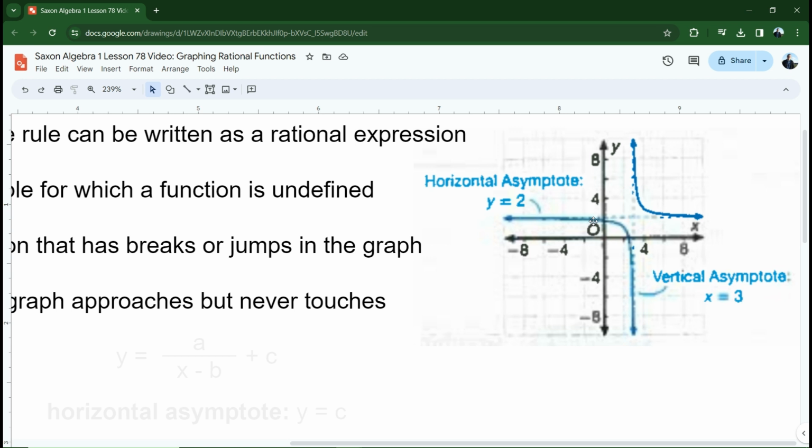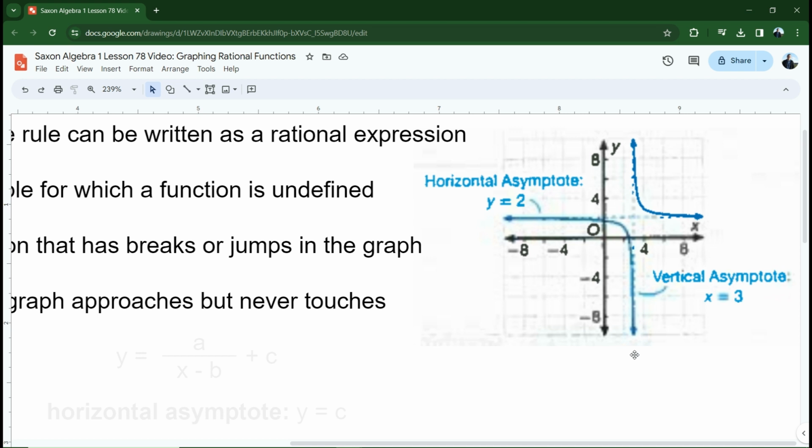It looks like it touches it, but actually this graph approaches that line, but it never actually touches the value y equals 2. As I continue to the right, notice this graph just suddenly turns and explodes downward at a really fast pace. And it gets really close to a vertical line that it approaches and never touches. We call that a vertical asymptote.